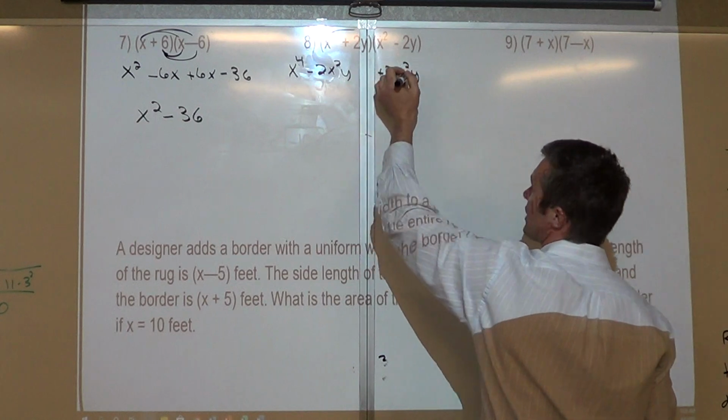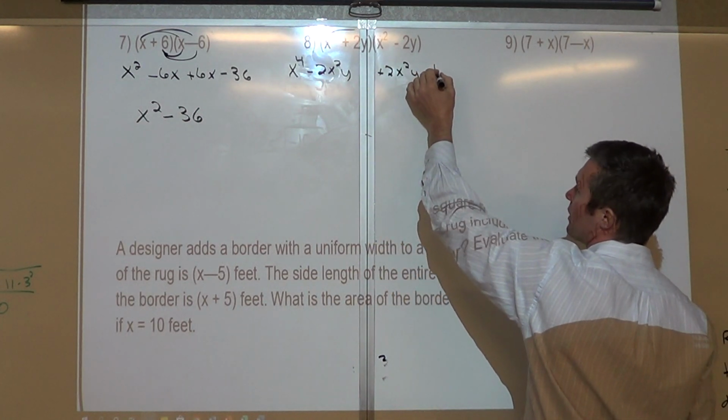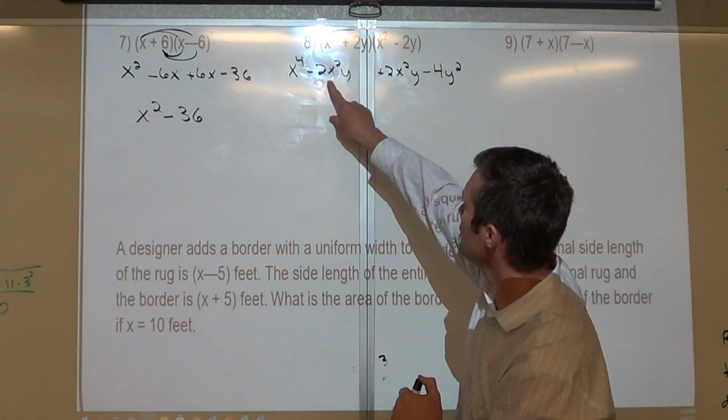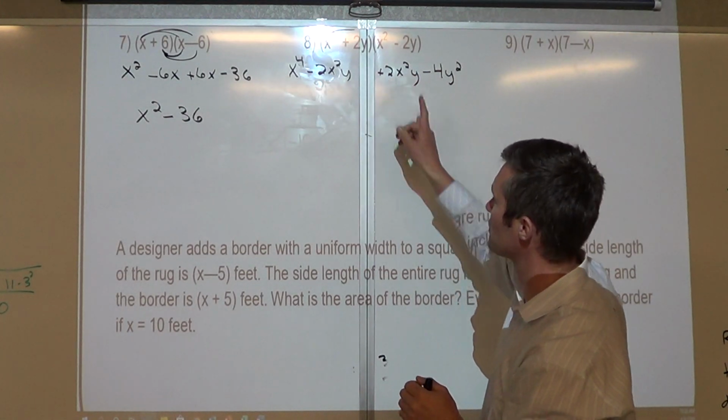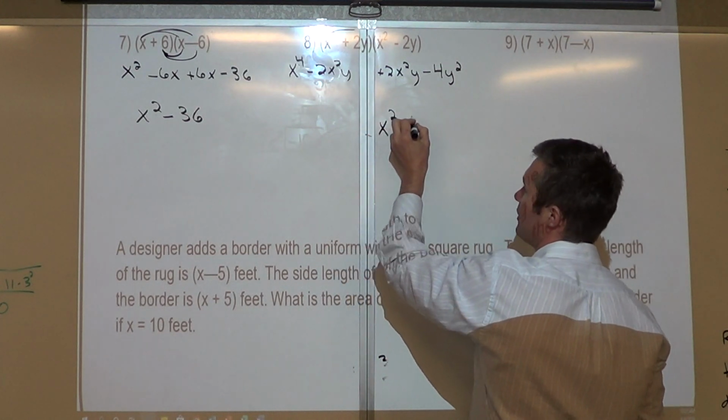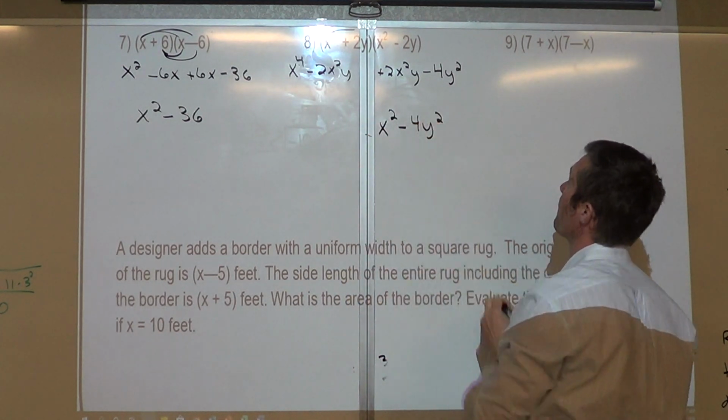And then 2y times negative 2y is negative 4y squared. Once again, look at it. Negative 2x squared y plus 2x squared y, so that cancels off, and I'm just left with x to the 4th minus 4y squared.